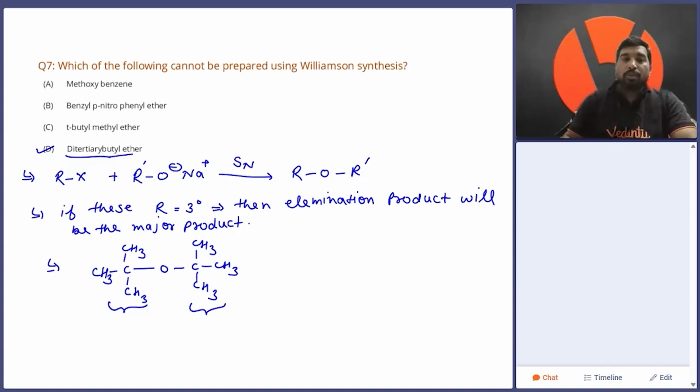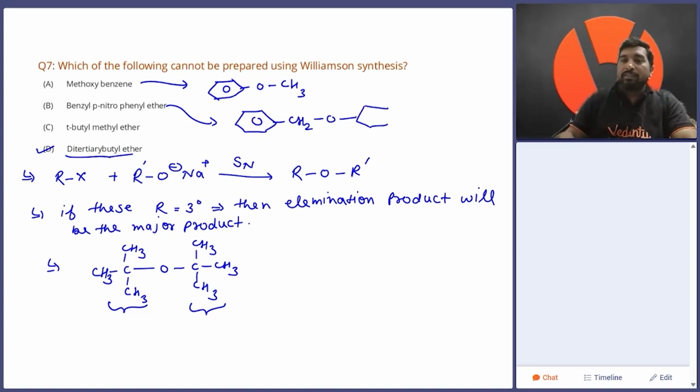Or if I'm talking about the structure of A, B, and C: the structure of A is the OCH3 benzyl, and the structure of this CH2O with NO2. In the C option, tertiary butyl methyl ether, that is CH3C(CH3)2-O-CH3.